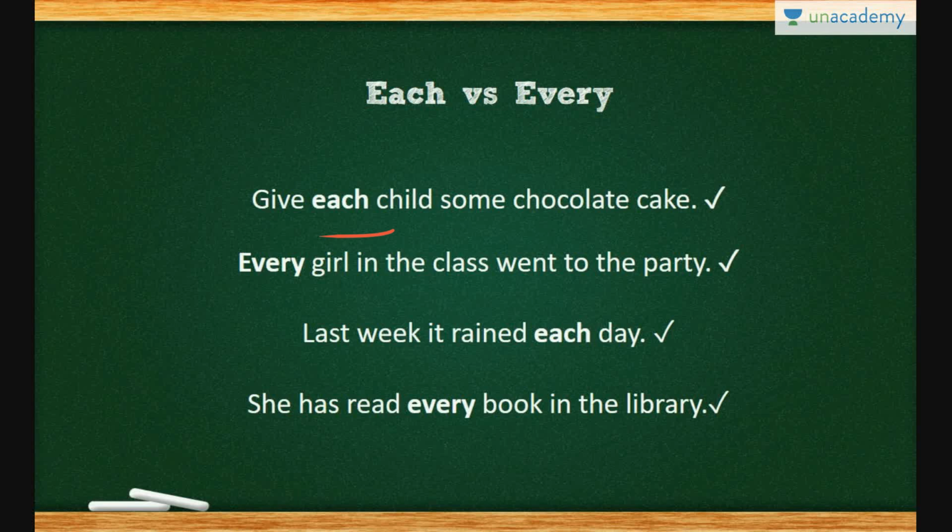That means every girl who's in the class went to the party. It's generalizing. Last week it rained each day. Like, on each of the 7 days it rained. She has read every book in the library. Now again it's generalizing. So every book in the library.